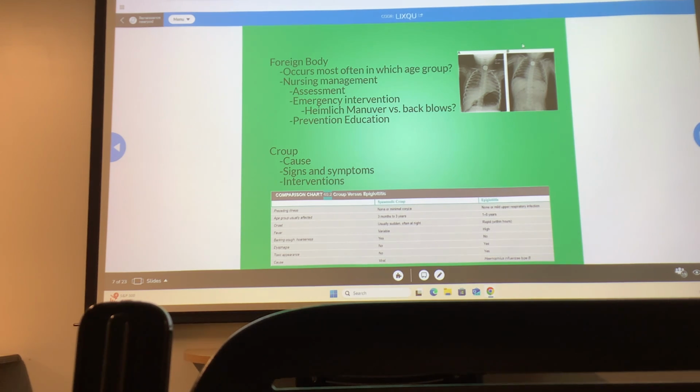Maybe retractions? Secondary muscles. Okay. That's if they're having respiratory distress. Not all of them have that. If it's bad enough, they could. What else might you see?